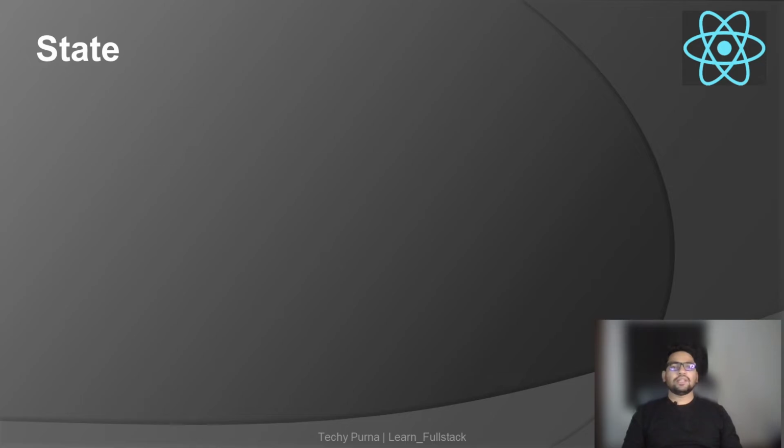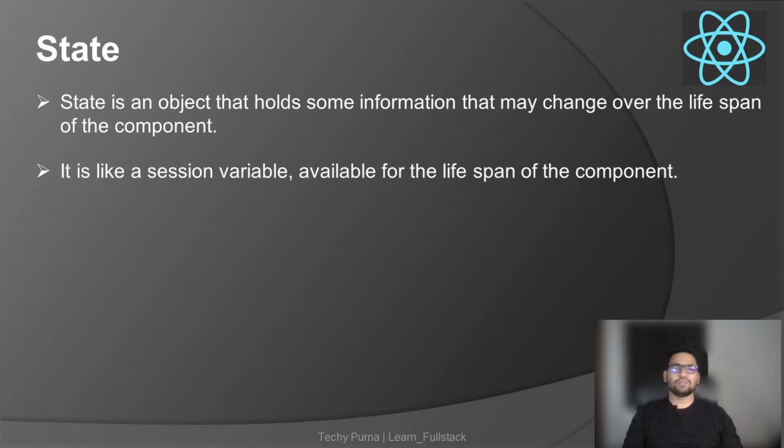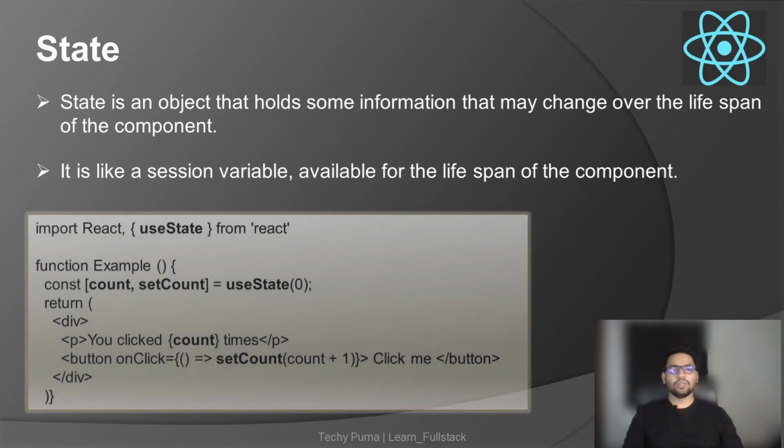So state is something different than props. Basically, state is an object that holds some information that may change over the lifespan of the component. It's just like a session variable, and that particular data in that variable is available for the lifespan of the component.